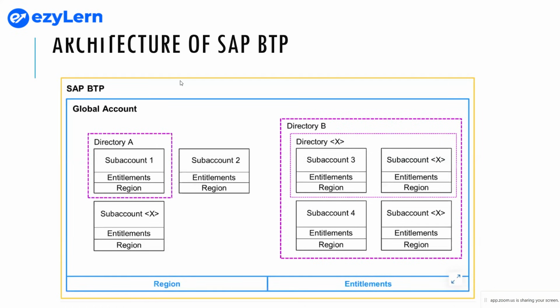You have these sub accounts and everything under your global account itself. When I talk about directories, here you can see directory A, directory B. Your directories help you organize and manage your sub accounts according to your business needs.